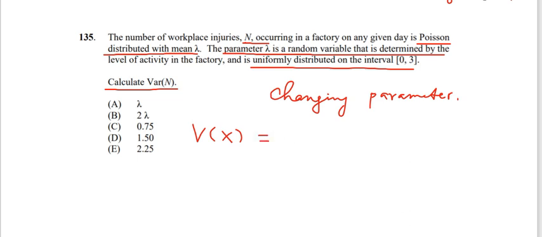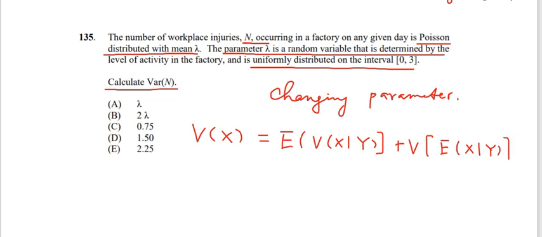So V of x equals the expectation of V of x given y fixed, where y is the parameter, plus the variance of the expectation of x given y fixed. Okay, so this formula we should remember. So V x equals E V plus V E. Okay, so now we can apply the formula.